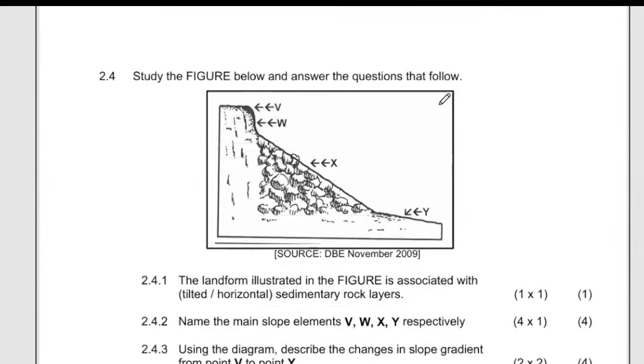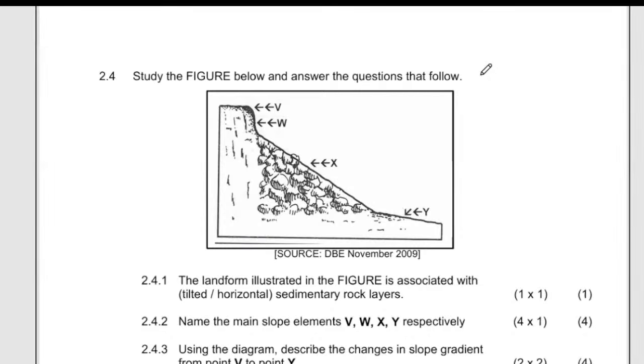Let's look at question 2.4. It says, study the figure below and answer the questions. 2.4.1, the landform illustrated in the figure is associated with what kind of rock layers? Is it tilted or horizontal sedimentary rock layers?